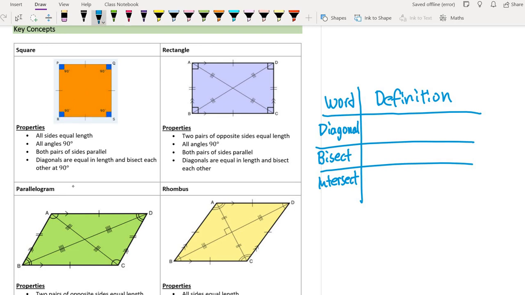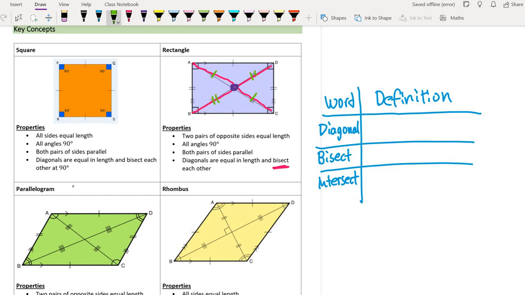And then we have bisect as one of the new words as well. Bisect, you'll see right here, is when we have two lines. Let's look at these two diagonal lines. When they meet in the middle, this length here and this length here end up the same length, same as this length here and this length here.